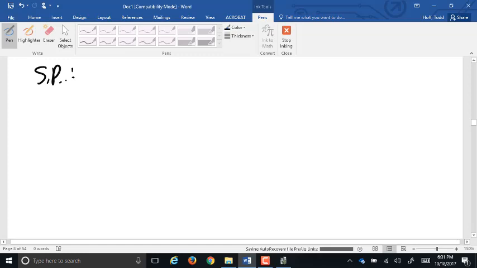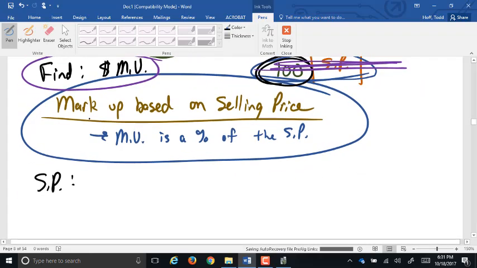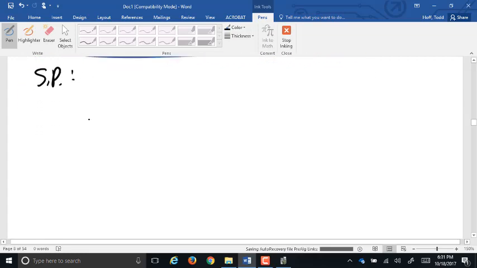So normally we would use markup based on selling price when we're given the selling price. Let's say our selling price is $60.